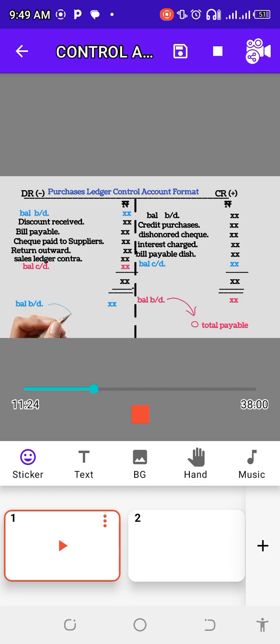While the one on the debit side, that is balance brought down by the debit side, can be caused by, one, overpayment. The business has overpaid the supplier some money and they are yet to supply some of these goods, or it can be as a result of purchases return, or return outward. This point should be clearly noted.